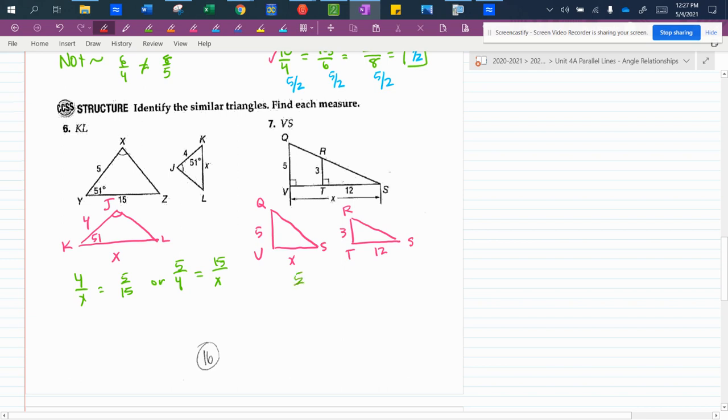Same concept here. 5 over x equals 3 over 12, or 5 over 3 equals x over 12. The main thing that matters is that when we cross multiply, we should get the same thing. So there's more than one right way to set up a proportion. Once you get those set up, we can pack up and we will review these in class tomorrow.